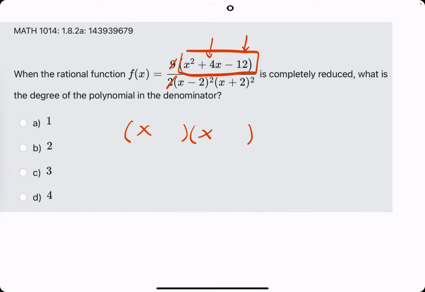So try out numbers that can multiply to 12 first, and then mentally test, do they add to 4? So for example, 4 and 3. 4 and 3 multiply to 12, or say -4 and +3, or -3 and +4, however you want to do it. But then ask yourself, does 4 plus 3, or -4 plus 3, or -3 plus 4 add to 4?